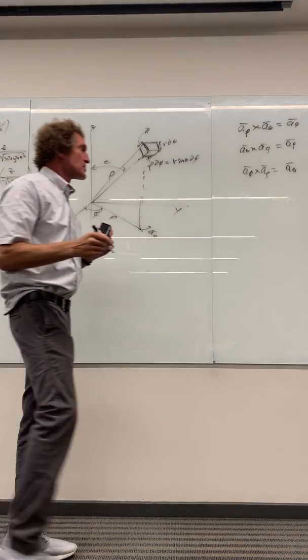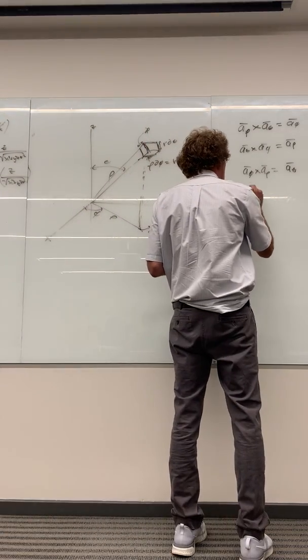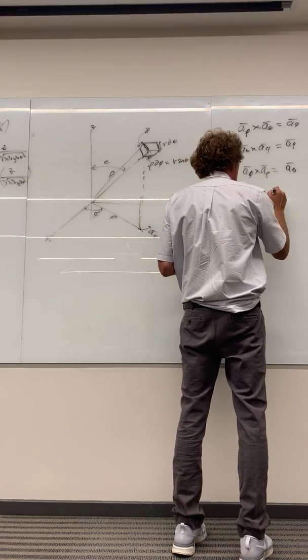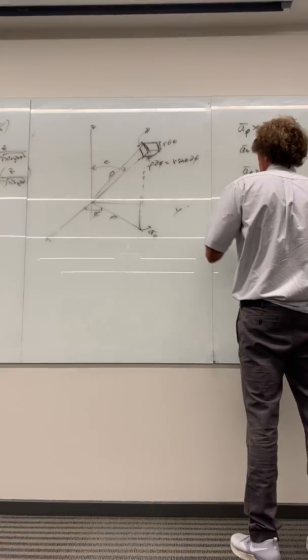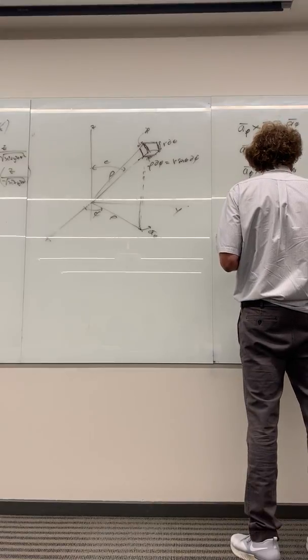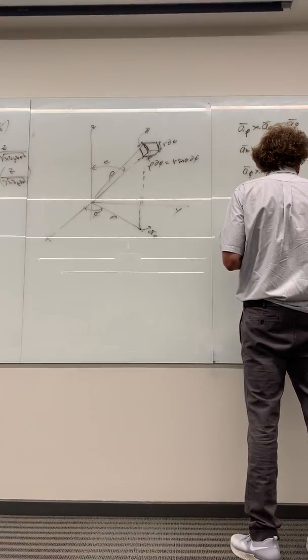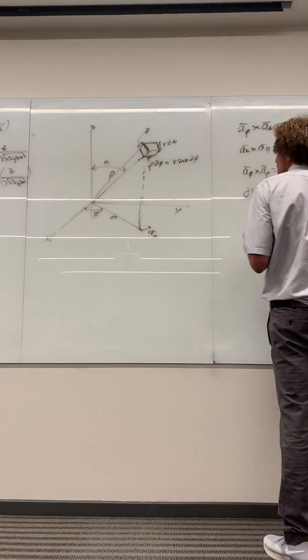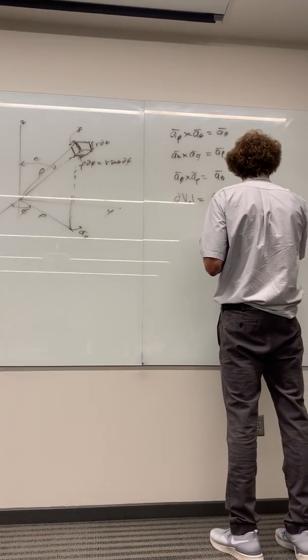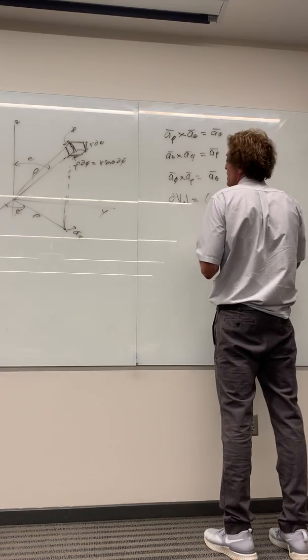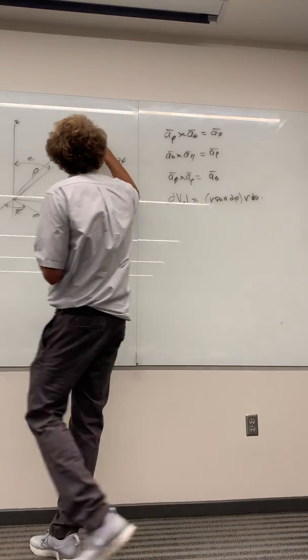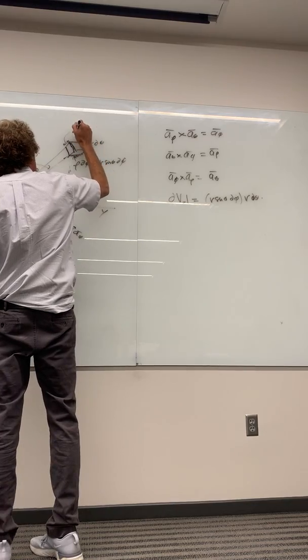So the differential volume, dv, is equal to the differentials, which is going to be r sine theta times d phi, then r d theta, and then this is dr right here.